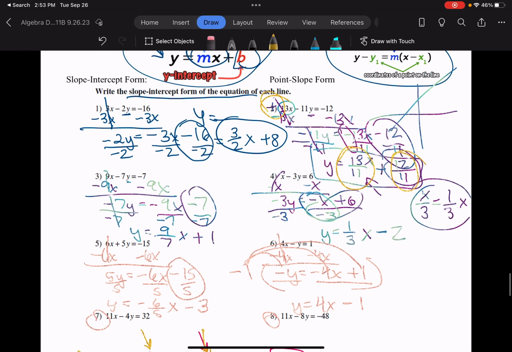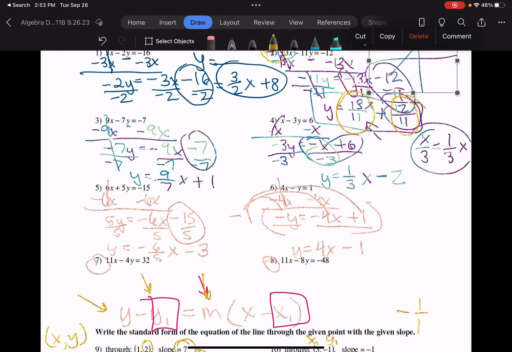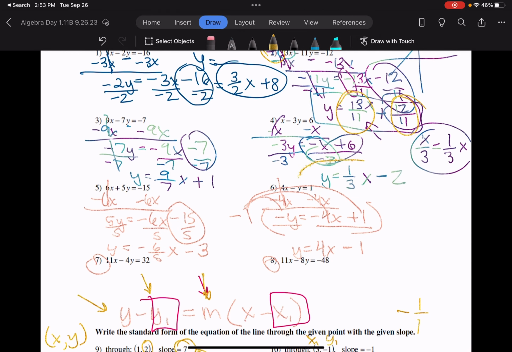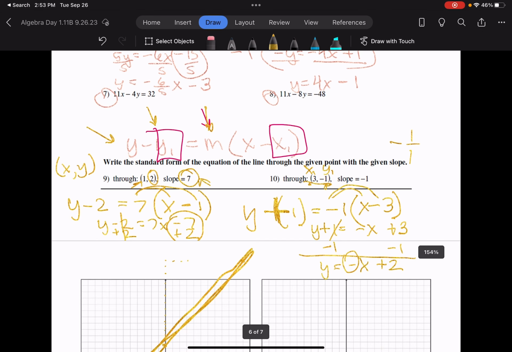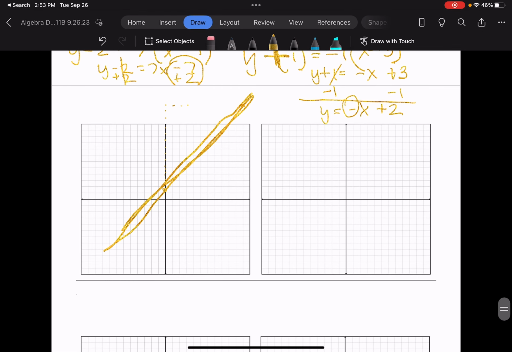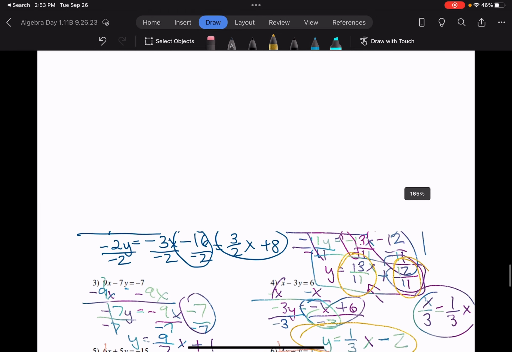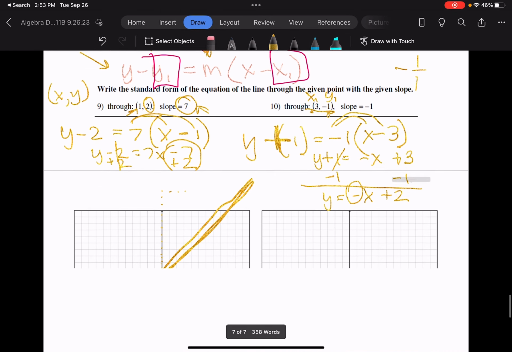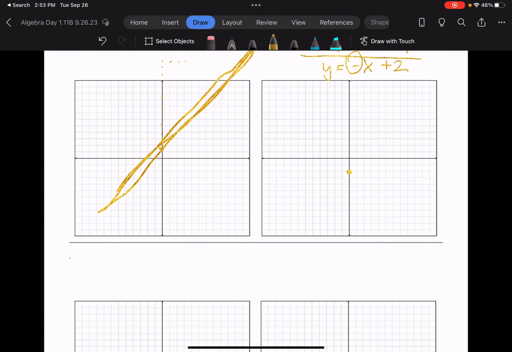All right, let's take a look at number 4. Number 4, we came up with this right here. And so -2 is our starting point. And then it says our slope is 1 over 3, positive 1 over 3, so we're going this direction.